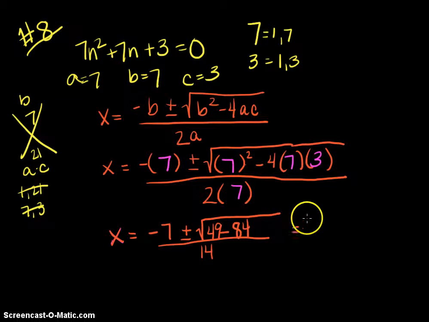Let's keep on simplifying here. Negative 7 plus or minus the square root of 49 minus 84. I'm doing that on my calculator right now, and that gives me negative 35, all over 14.